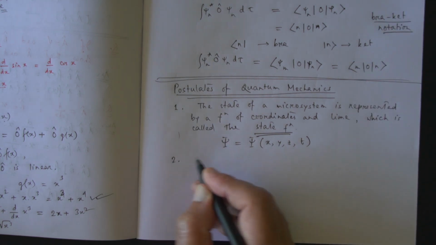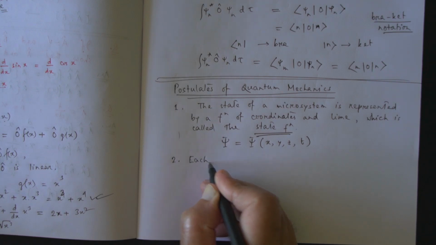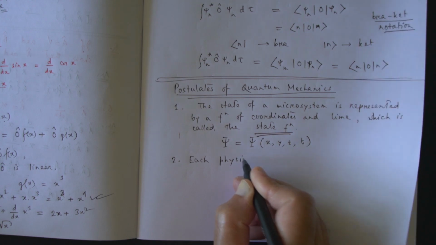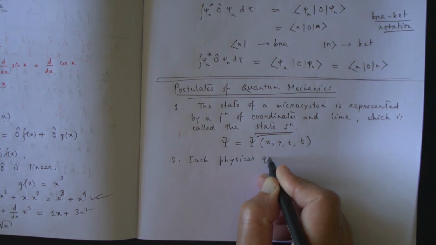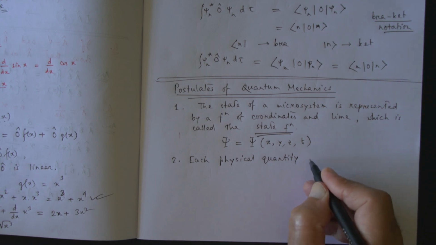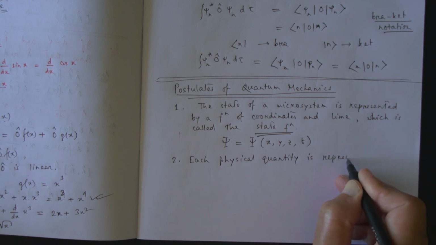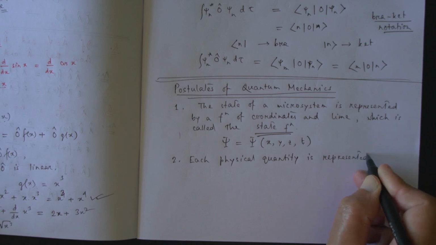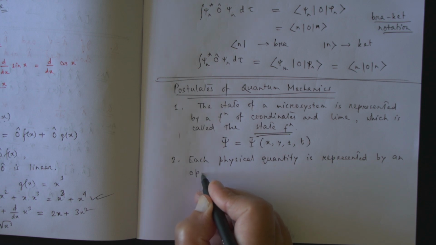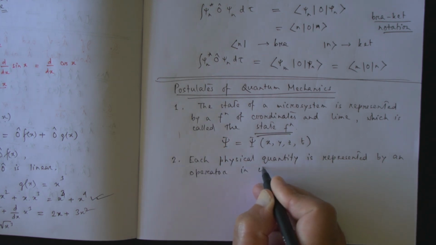Second postulate is that each physical quantity, also called a dynamic variable, is represented by an operator in quantum mechanics.